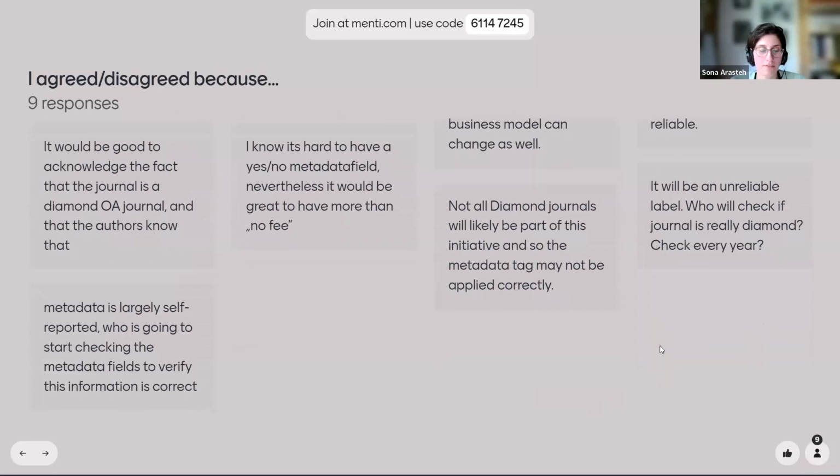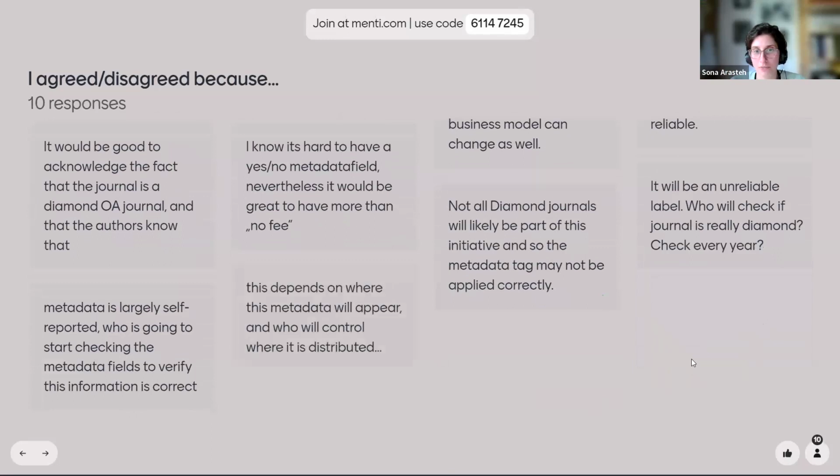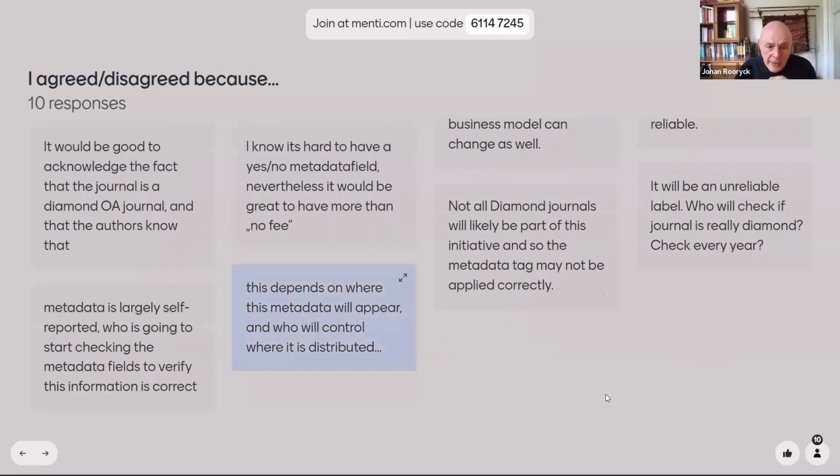I feel like this is an ongoing discussion we will have again and again, which is how do we make sure that the diamondness of these journals is valid from year to year, so that we have an ongoing monitoring process for that, because obviously, as you rightly pointed out, Johan, we need that. Yeah, that will need to be monitored indeed.